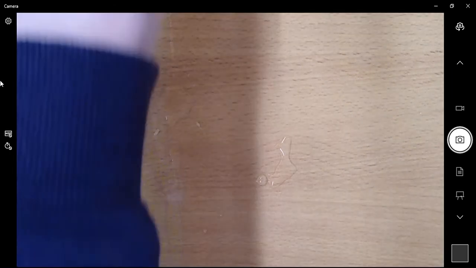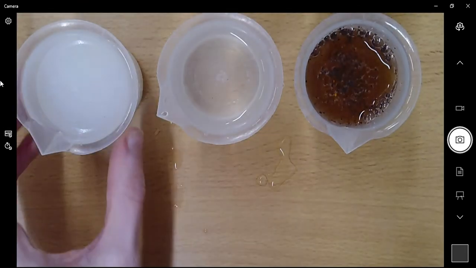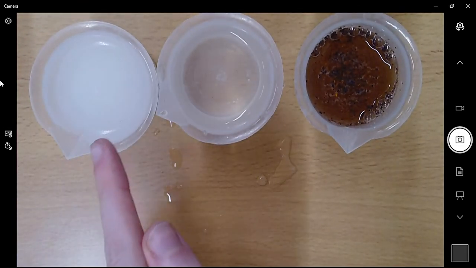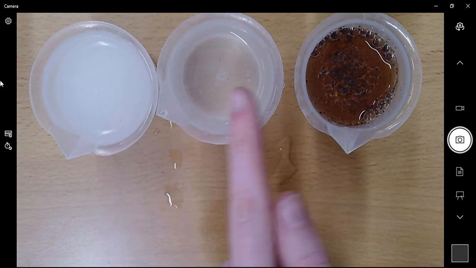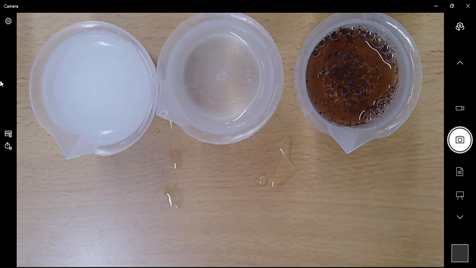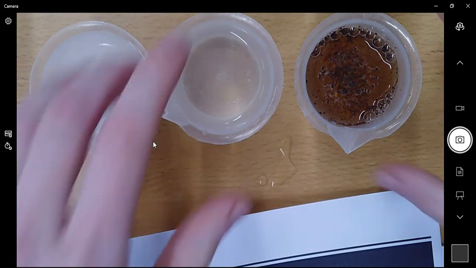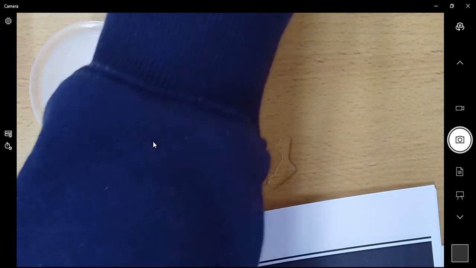Okay, I'm now going to bring back my 3 different solids that I put into liquid. So, that was my flour, that was my sugar, and that was my tea leaves. I'm going to get back my prediction sheet, which is here.